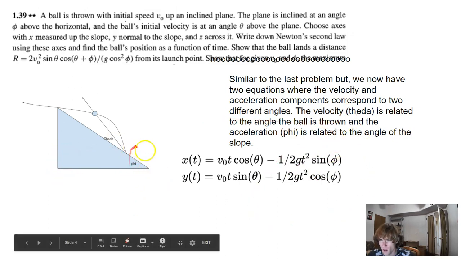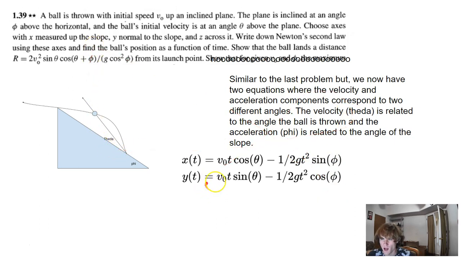So the component would just be the phi angle component, and then our velocity is just the angle at which the projectile is thrown, in this case a ball.